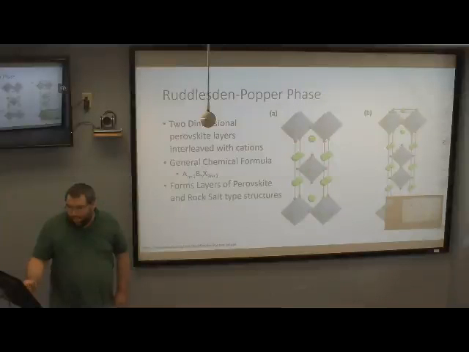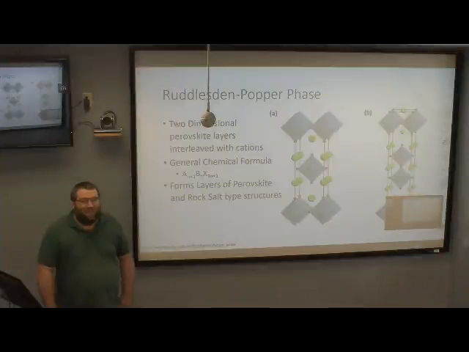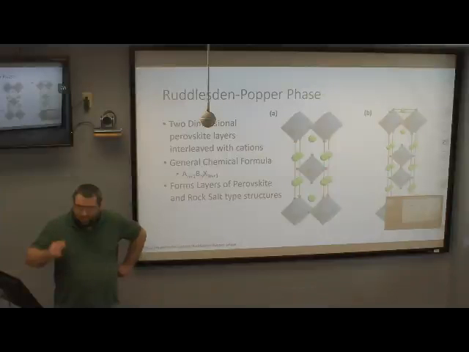And was this phase discovered or designed specifically for lead halide perovskites? This phase was discovered in the 50s by, I'm trying to remember whether it was Ruddlesden or Popper that discovered it.